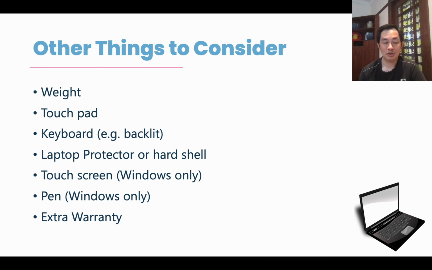And the pen, if you are using a pen, a stylus, I would only recommend the Microsoft Surface range, because they have the best pen on the market in the Windows that I've come across. And the next thing is extra warranty. You are investing in it, they do come with 1 year or 2 years, but you want to decide which is going to be the best for you in that sense. You want to keep it going.